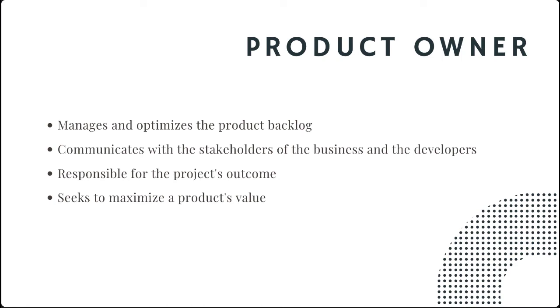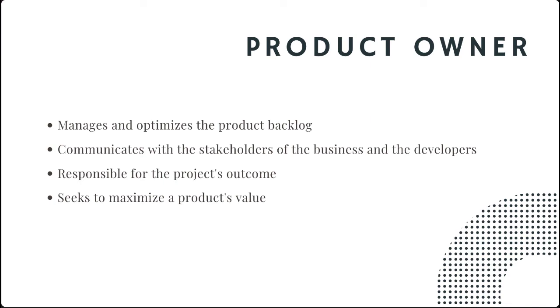So that means working with stakeholders and the business people and then communicating their needs to the developers. Oftentimes stakeholders and business people will have a different way of communicating than developers, because their fields require such different types of thinking.